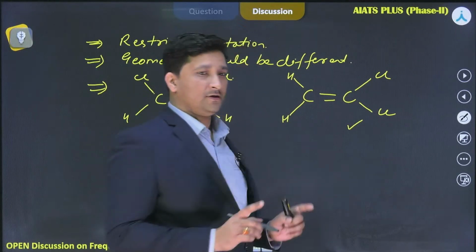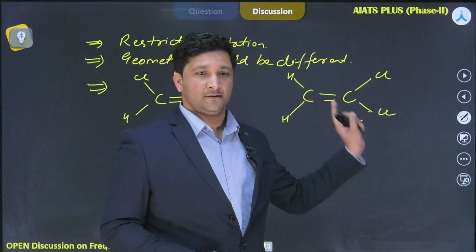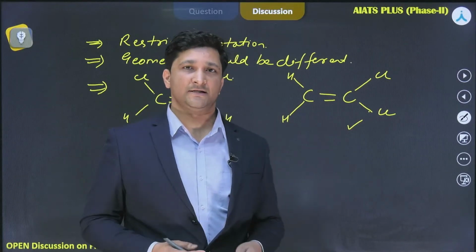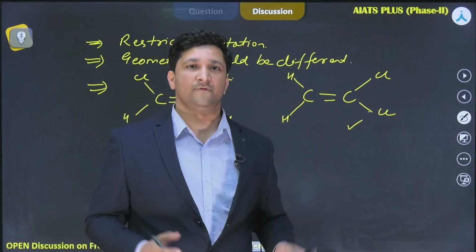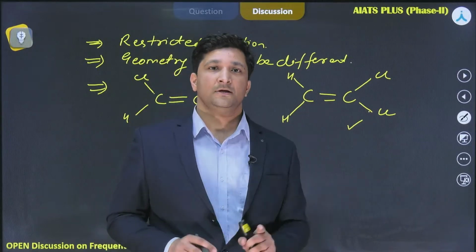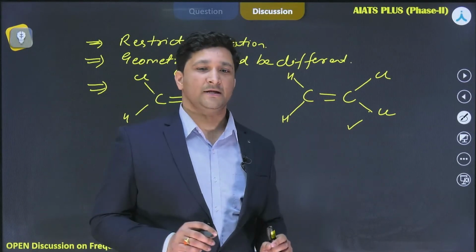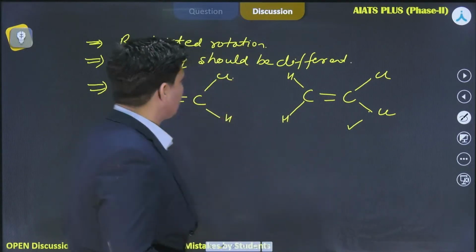Again, the concept of geometry is there. Even if you exchange these two, the distances between H and Cl and between H and H will remain the same. There will be no effect on this. So the carbon must contain different groups; this is another criterion for showing geometrical isomers.